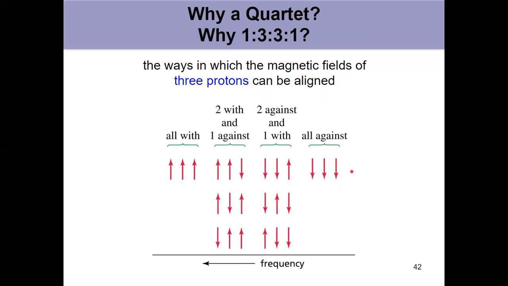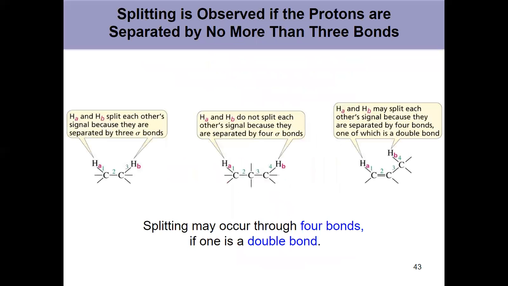Okay, so splitting, that spin-spin coupling, is just slight effects on the applied magnetic field. Again, for hydrogens on adjacent carbons. The number of bonds away is what dictates whether or not coupling is present in the first place. Okay, this is another key thing for your notes.